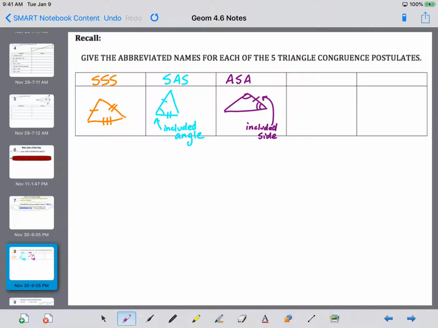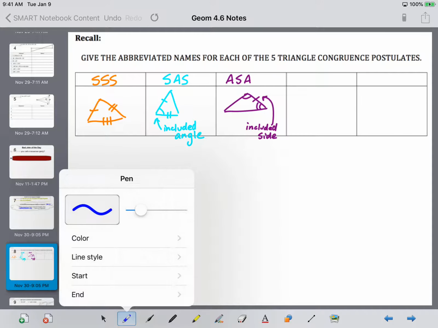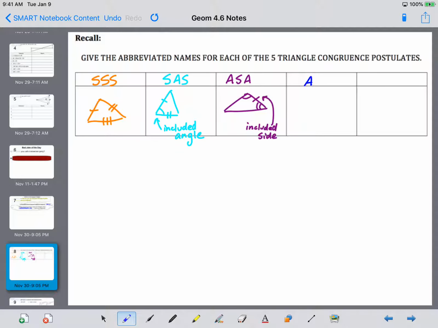Okay, the next way was angle, angle, side, so still knowing 2 angles. So say we have this triangle where we know this angle, we know this angle, and then we have this side, which is the non-included side, aka it's not between the 2 angles.